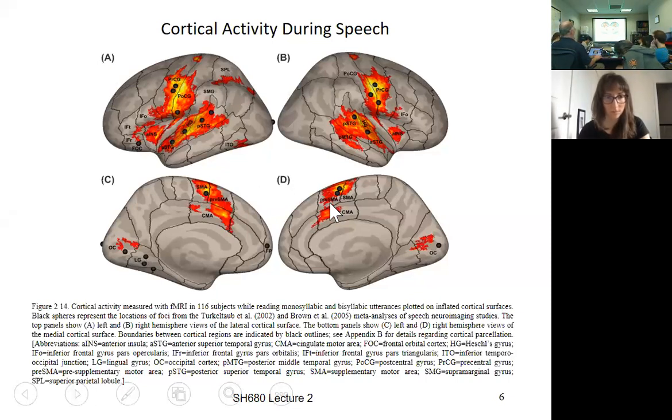Okay, then the medial surface, there are three key areas: the supplementary motor area, the pre-supplementary motor area, and the cingulate motor area. The cingulate motor area is part of the cingulate and anterior cingulate cortex, but we're going to call it the cingulate motor area. It's a more specific term because of its involvement in motor tasks.